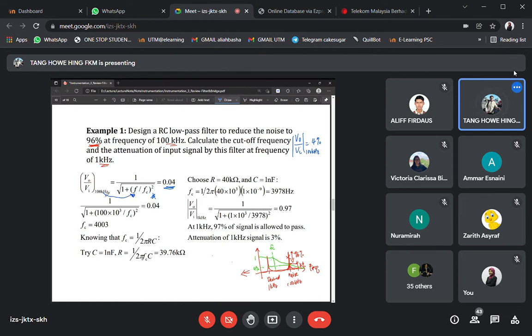We substitute it in, and from here we have only one variable left, the cutoff frequency, and we can determine that the cutoff frequency is desired to be 4003 hertz. So far so good up to here.